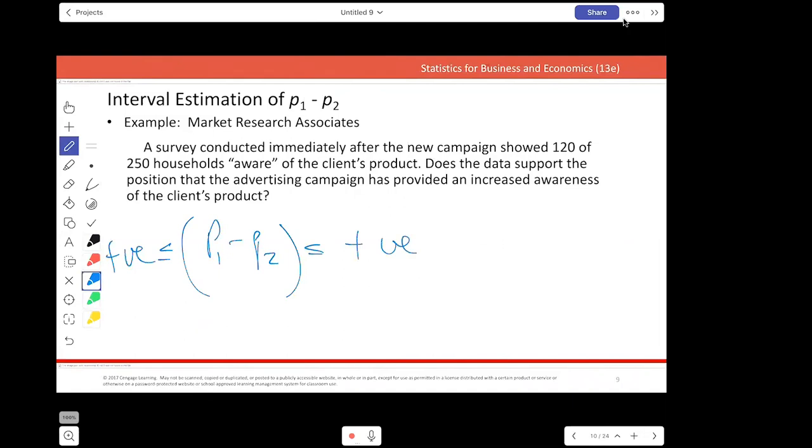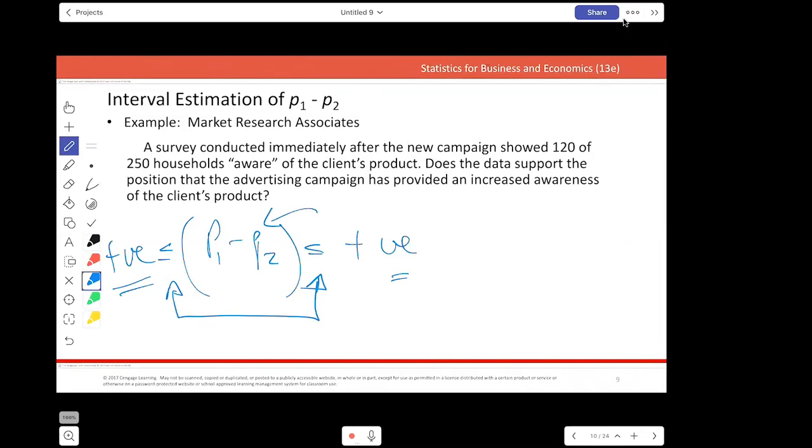Because if the lower limit is positive and the upper limit is positive, then any value in that interval is also going to be positive. And if any value in that interval is positive, it means that P1 is bigger than P2. So actually, that's not what we're looking for. We want P2 to be larger than P1 if the company has now increased awareness.